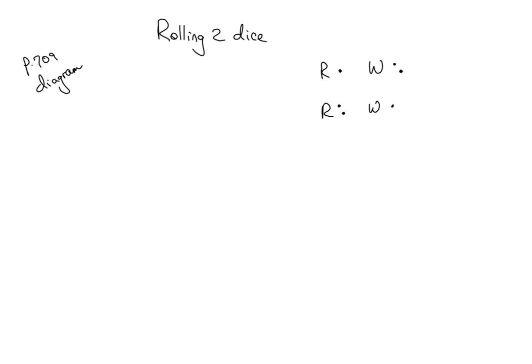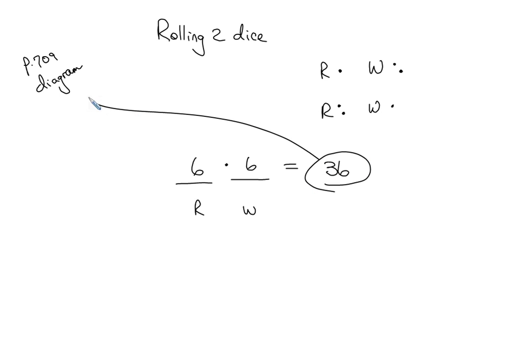It makes a difference. Everybody understand that? Because of that, we're getting 2 different possible outcomes. We're getting outcomes for the red die, outcomes for the white die. How many different possible outcomes for the red die? 6. How many possible outcomes for the white die? So how many possible outcomes for the 2 dice together? And that's what's in that diagram, the 36 possible outcomes.